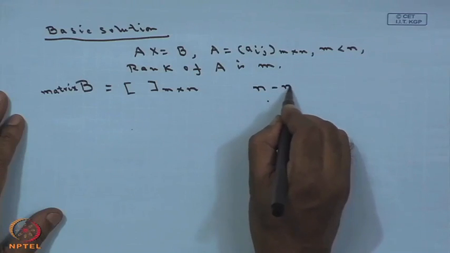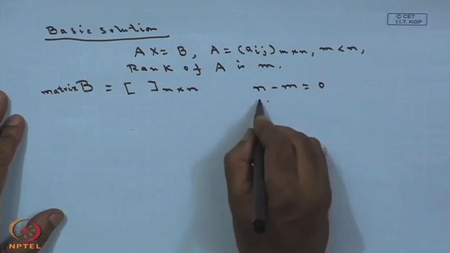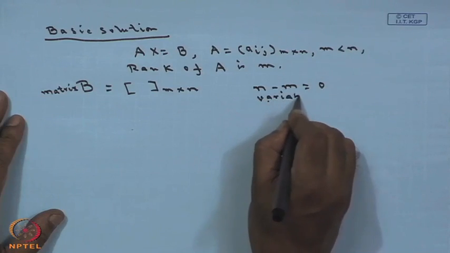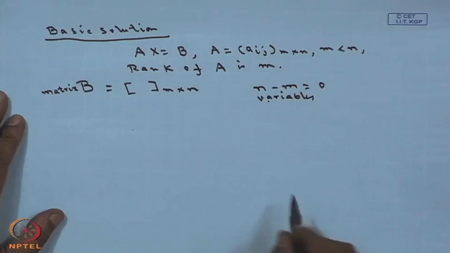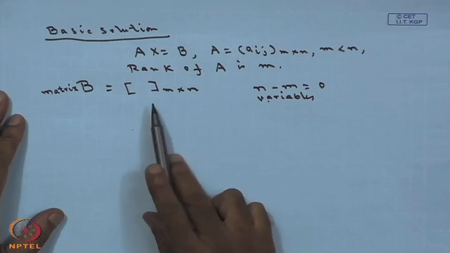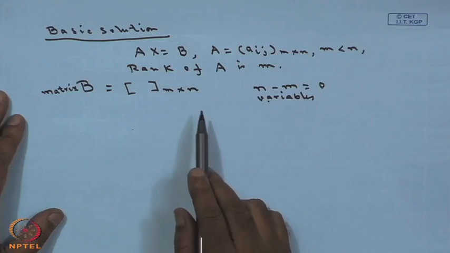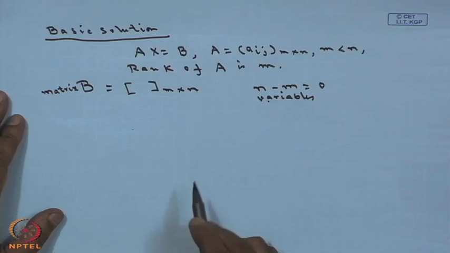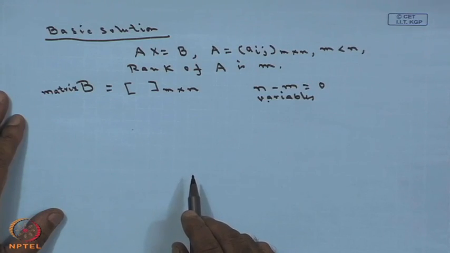Now, in this matrix B, if I am making n minus m variables equal to 0, which are not related to the columns of the rank of A or whatever we have taken in B, and then we find a solution, then the resultant solution is known as the basic solution.